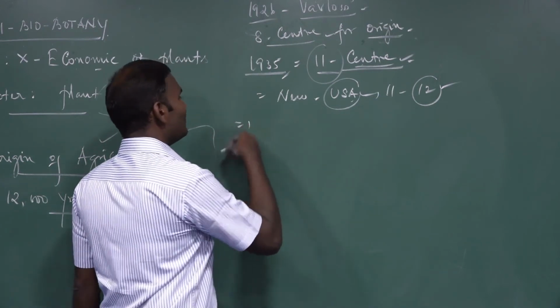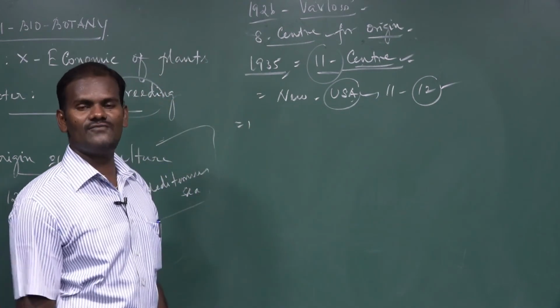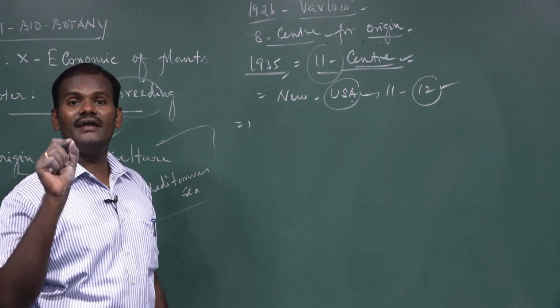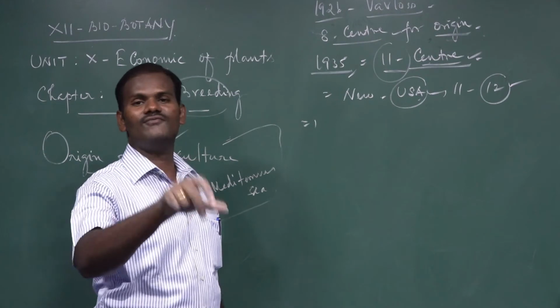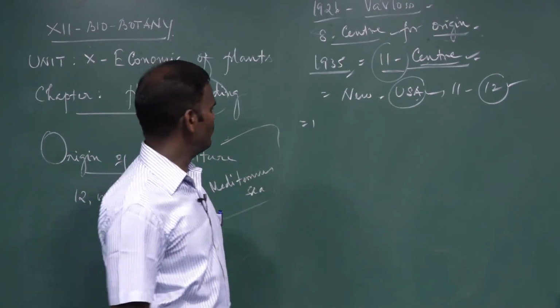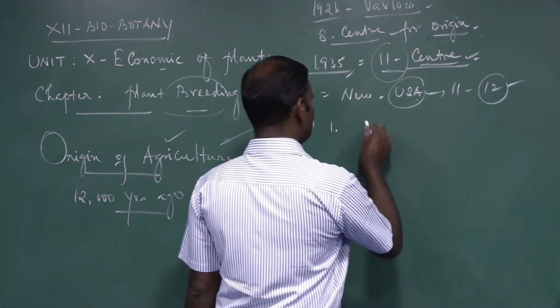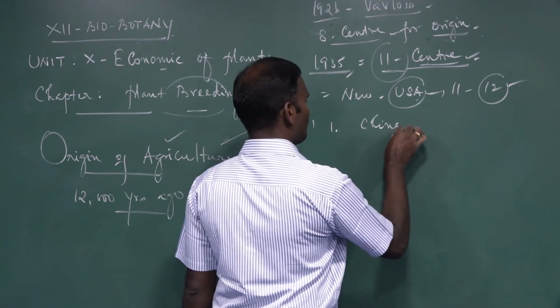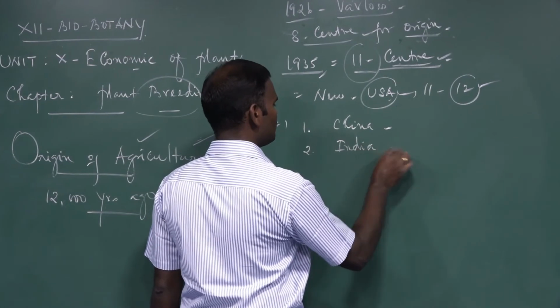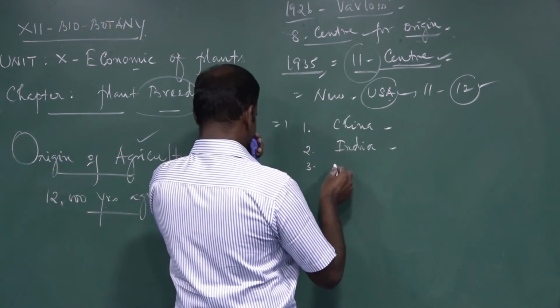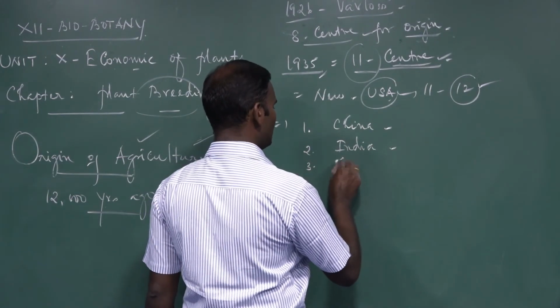So, what are the 11 centers or regions of various parts of the world identified by Vavilov? Each is a place of origin of cultivated plant species. For example, the first one is China. Second, India. Third is Southeast Asia.